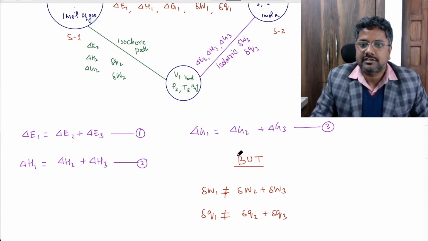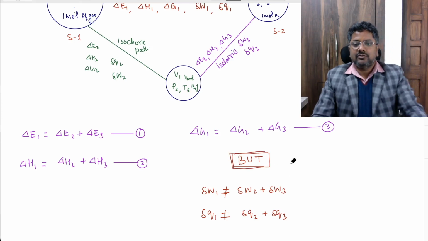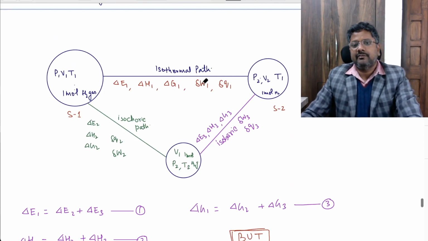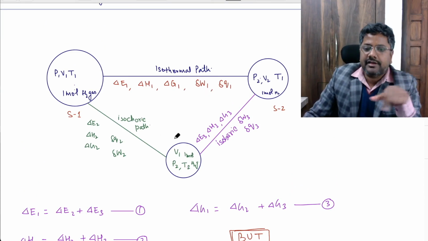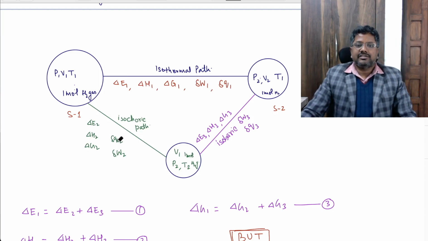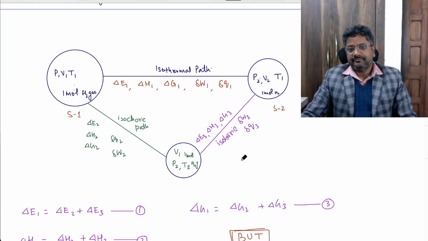So this is the meaning of state and path function. Any thermodynamic change, either completed in one step or in more than one step, if initial and final states are the same, then your state functions are the same, right?